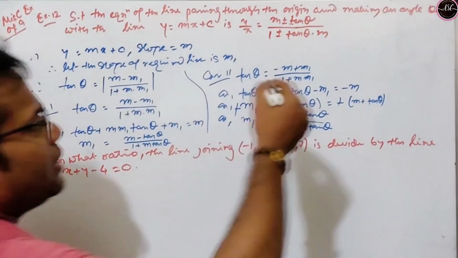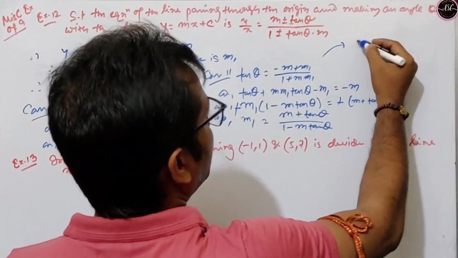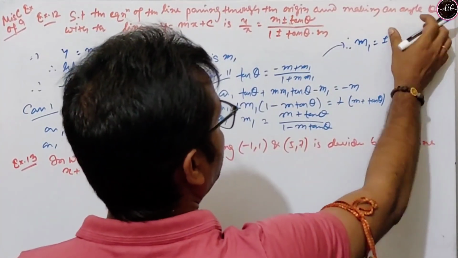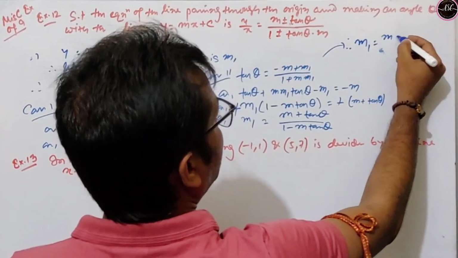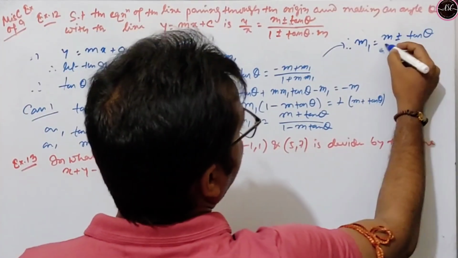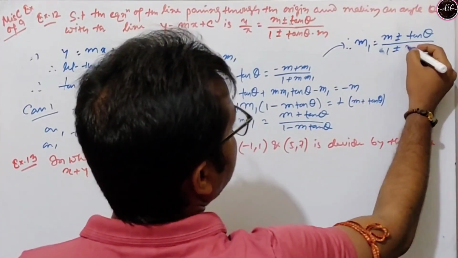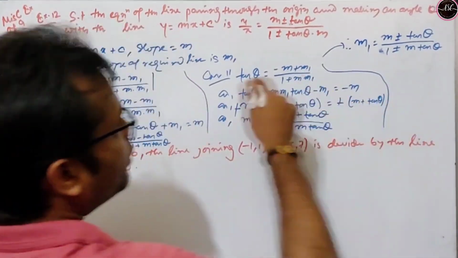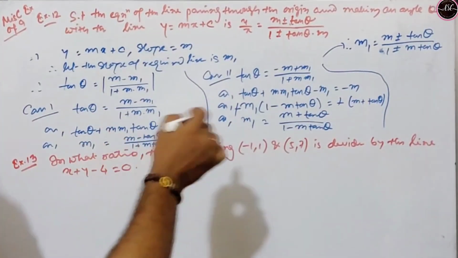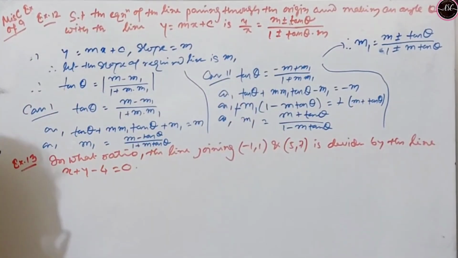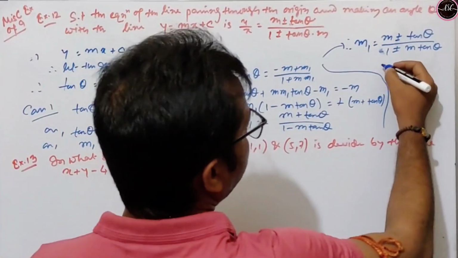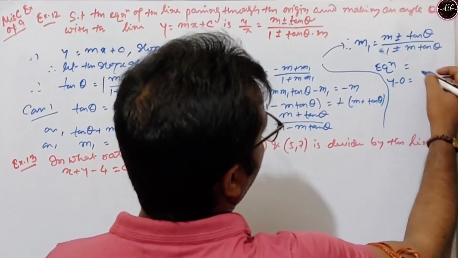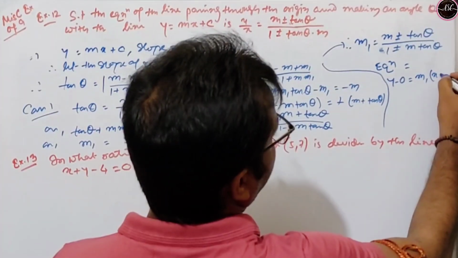By these two we can write m1 equals (m plus or minus tan theta) divided by (1 minus or plus m tan theta). Okay, so we get the slope of the required line. As that line is passing through the origin, the equation will be y minus 0 equals m1 into (x minus 0).